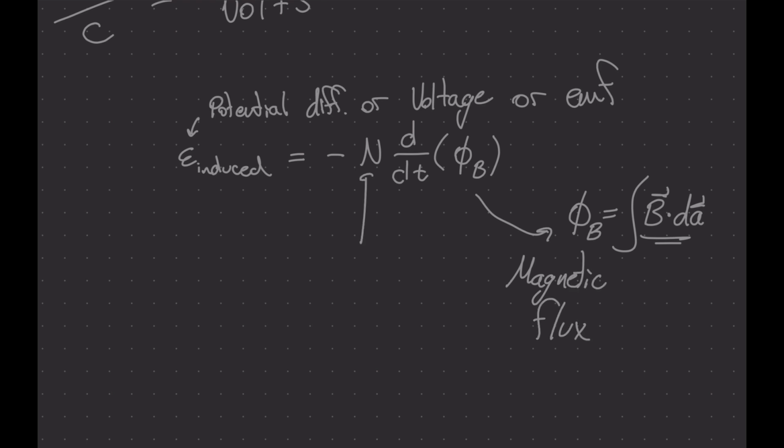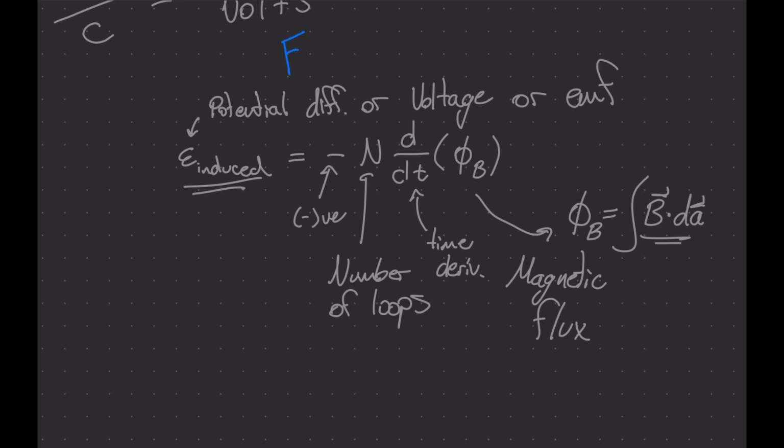This is the number of loops. We'll get to that in a second. This is the time derivative. And the minus sign here is very important, negative, and this is the induced voltage. So all of this is Faraday's law. Very, very dope. We're going to talk about this right now.